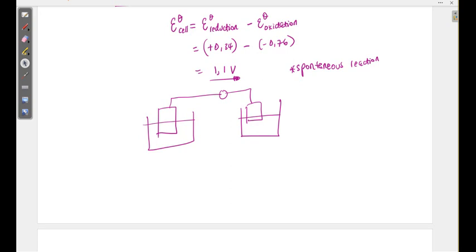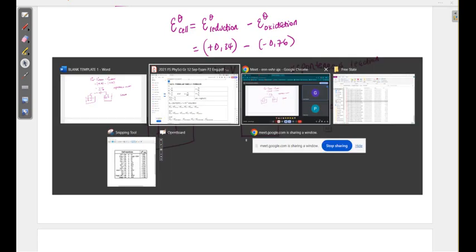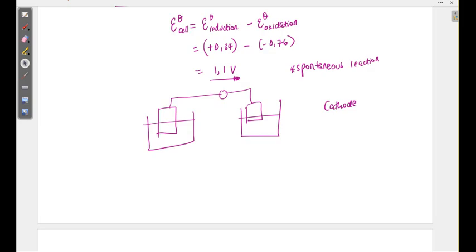The cathode is the positively charged one, and the anode is the negatively charged one, just as a battery has a negative side and a positive side. So how do we know where the cathode is? Where reduction is occurring, that's where you'll find the cathode. To remember that, you can say red cat: where there is reduction is the cathode.